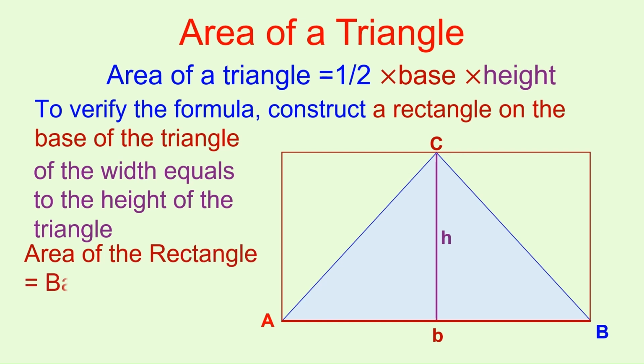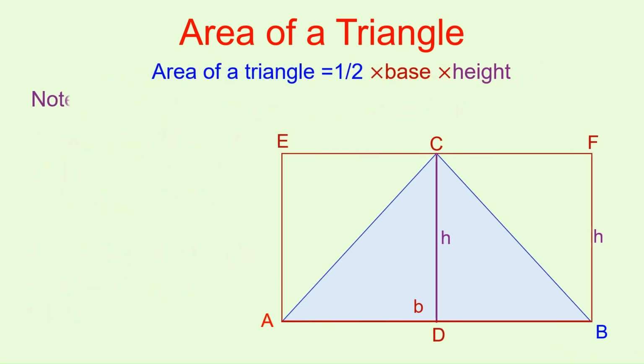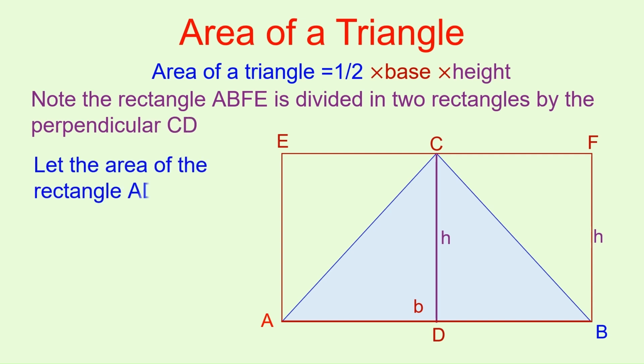We know that the area of the rectangle equals base times height equals B times H. Note the rectangle ABFE is divided into two rectangles by the perpendicular CD.